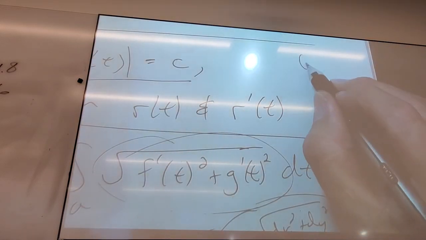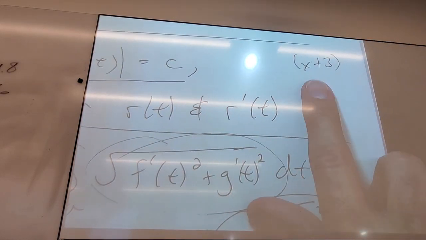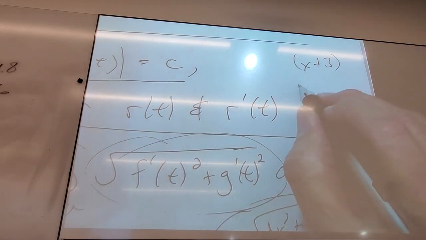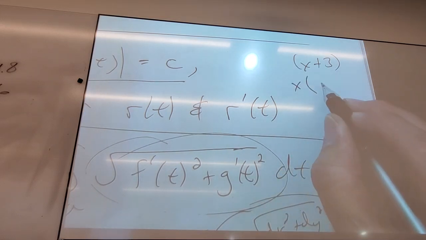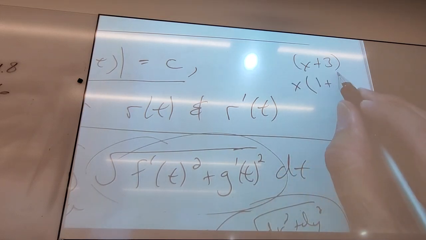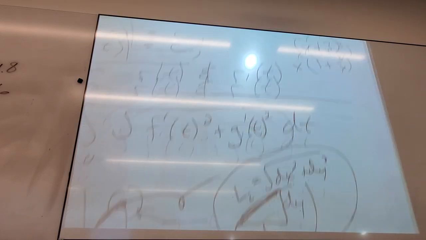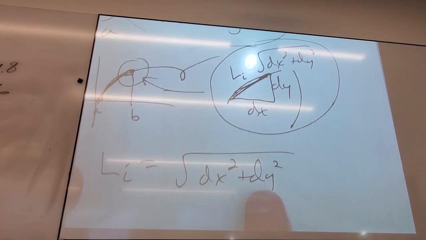Okay, up here, could somebody factor an x out of this for me? If you take an x out, what are you left with? 1 plus 3 over x. Yes? Now I want you to factor a dt squared out of this for me.